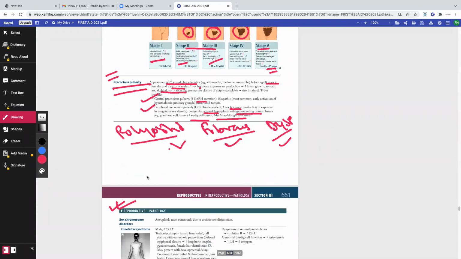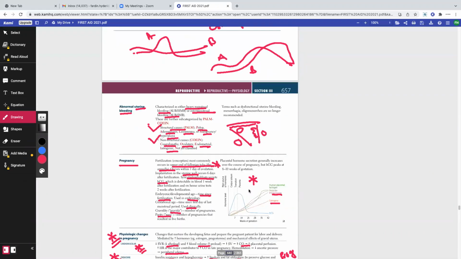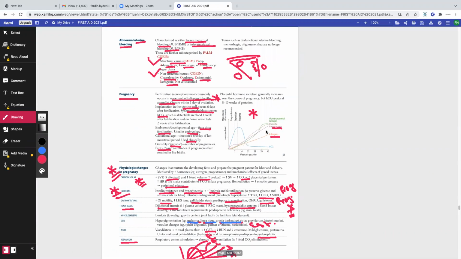I had one concern. I got the first day 2022 version, where the graph for the pregnancy hormones had a change. Are you talking about this one? Yes.